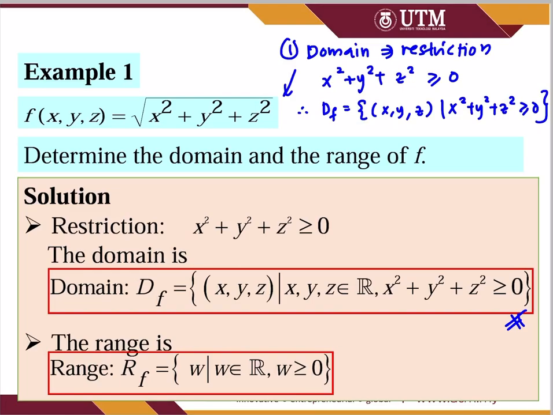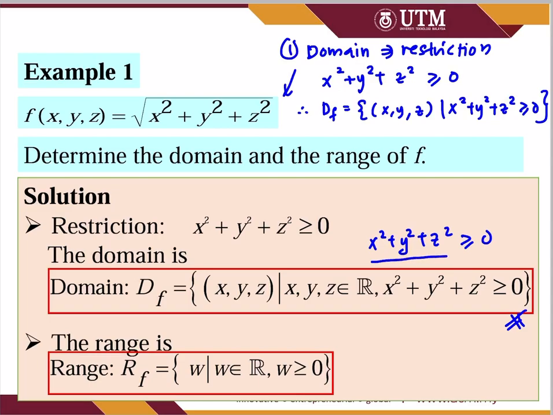Now for the second one, how do we determine the range? If you look at the domain here, x squared plus y squared plus z squared is greater than or equal to 0. So it's always positive.